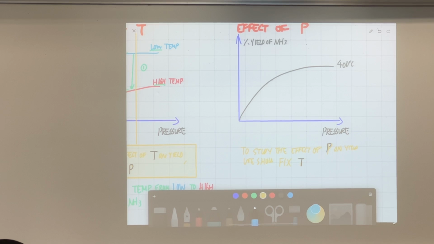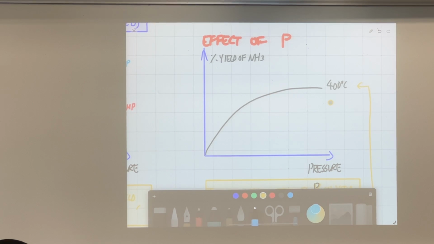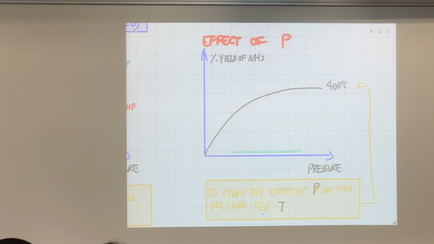Okay, so let's do this. We have fixed temperature, so we have locked our eyes on this curve. Can you tell me what happens when I increase the pressure? When I increase the pressure, what happens to the yield? As I increase the pressure from this value to this value, what happens to the associated Y value? It increases, right?